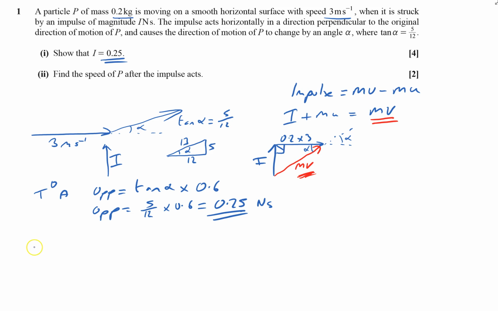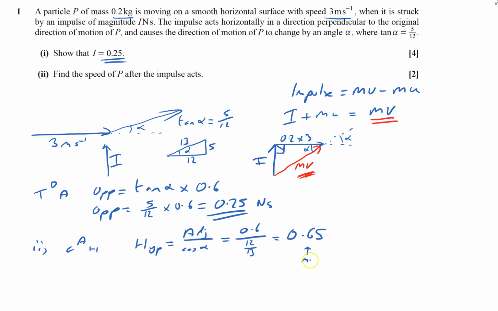So part 2, I must use the adjacent and the hypotenuse. So SOHCAHTOA again in the right angle triangle, and the hypotenuse equals the adjacent over cos alpha, and the adjacent is 0.6, and cos alpha is, well, we know that cos is adjacent over hypotenuse, that's 12/13, and that equals 0.65, but that's not what the velocity is, that's mv.